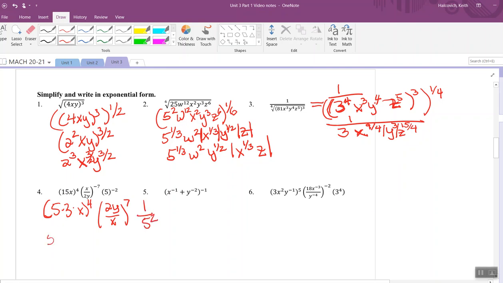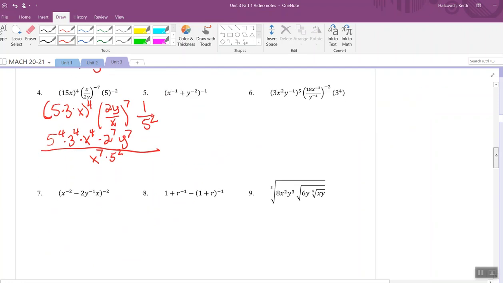So now we have 5 to the 4th times 3 to the 4th times x to the 4th times 2 to the 7th, y to the 7th, over x to the 7th times 5 squared.